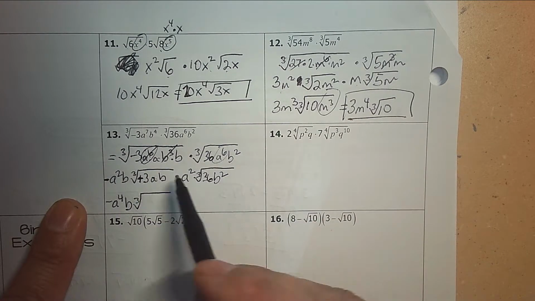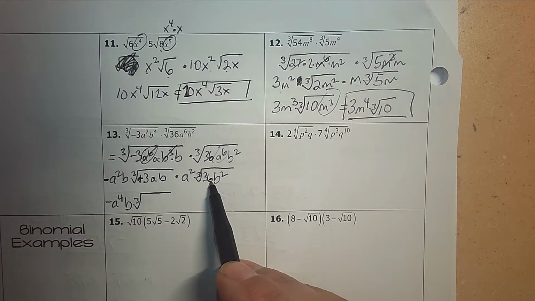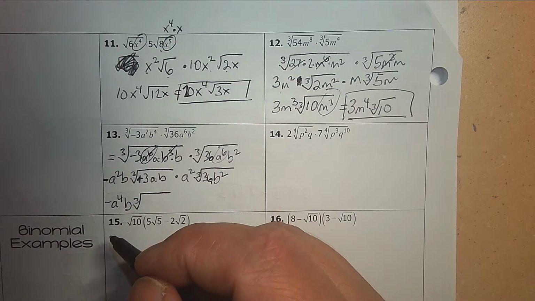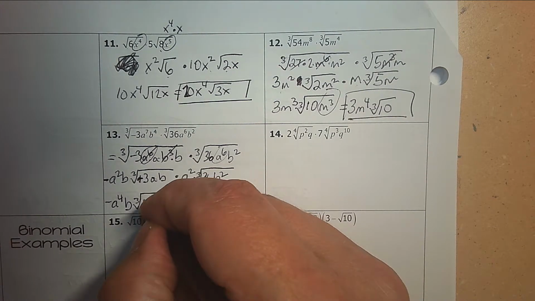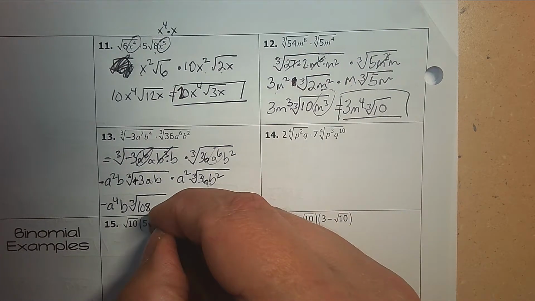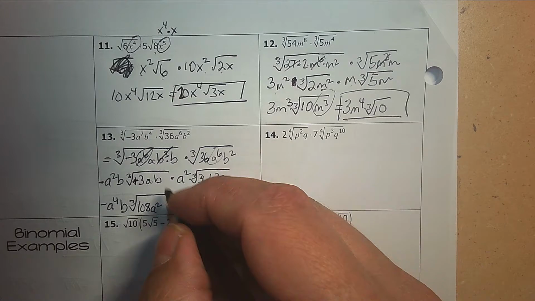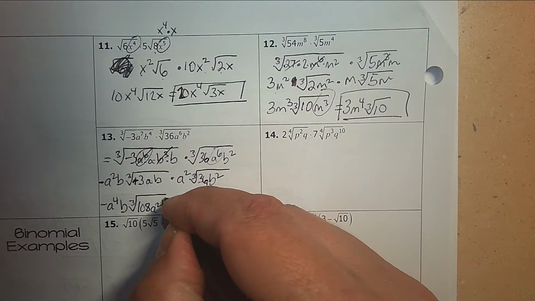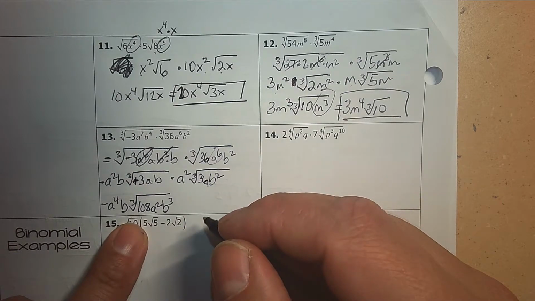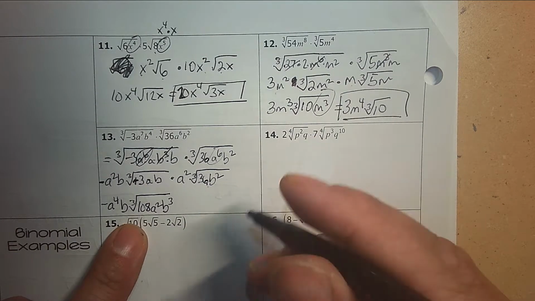So 3 times 36, that's 108. a times a is a squared, and b times b squared is b cubed. Is there a perfect cube that goes into 108 evenly? And it's 27.